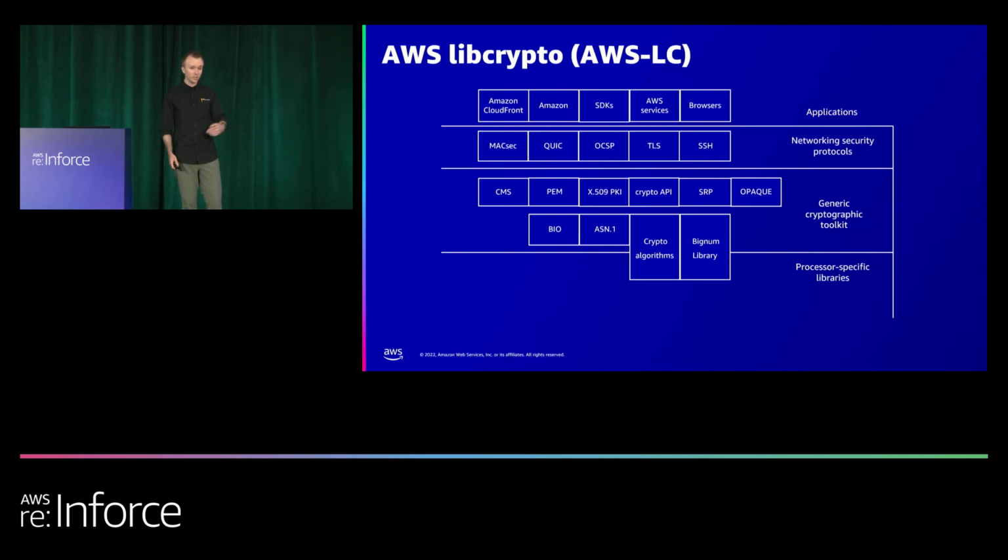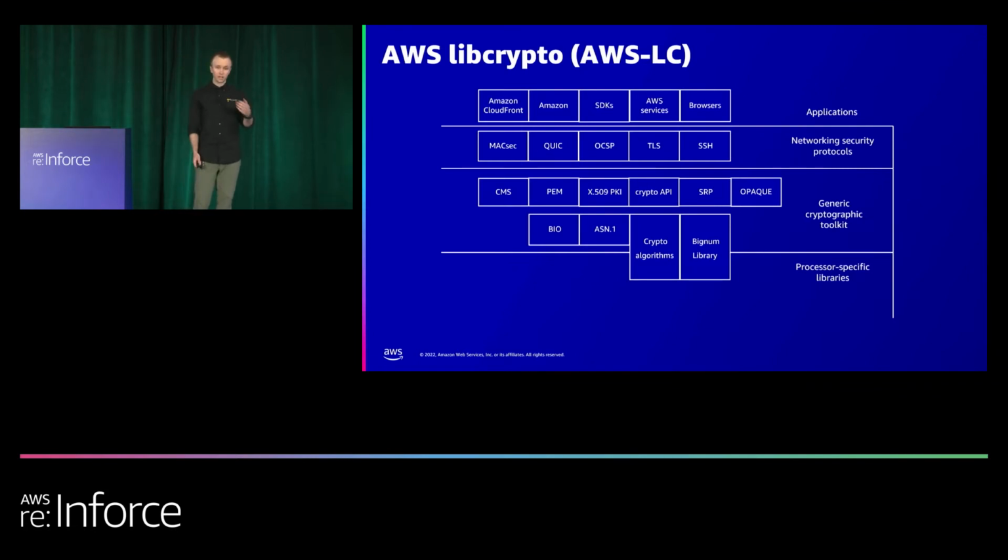I'm sure everyone here is very familiar with using AWS services. You might be familiar with CloudFront, Amazon S3. These services are available over the internet, and what they have in common with other tools such as the AWS SDKs is they need a mechanism to communicate over the internet, and they need a mechanism to do so with privacy and security in mind.